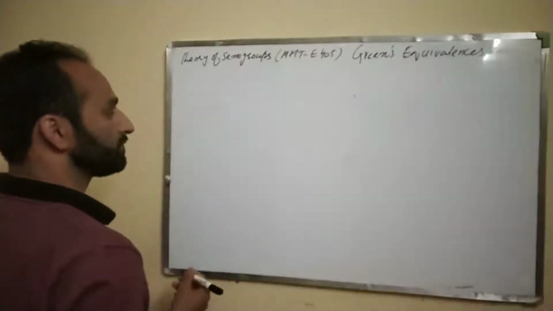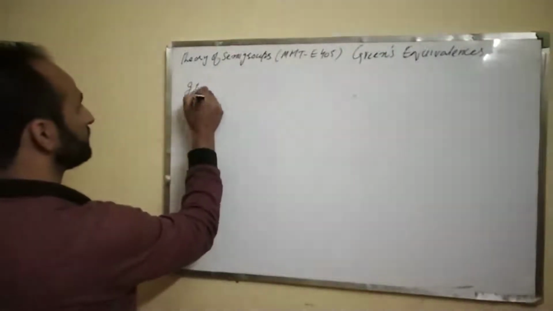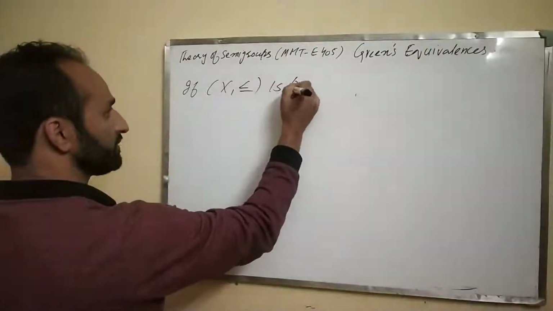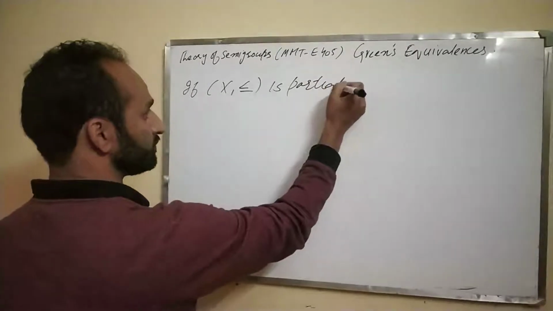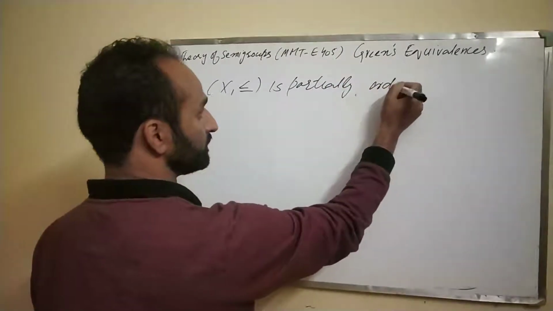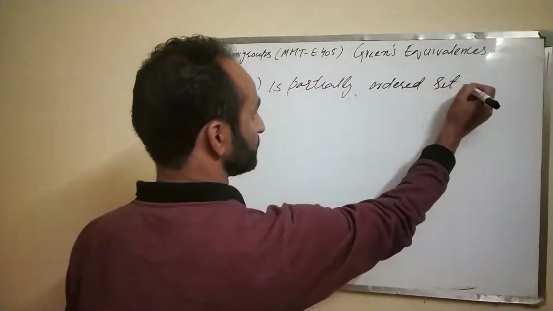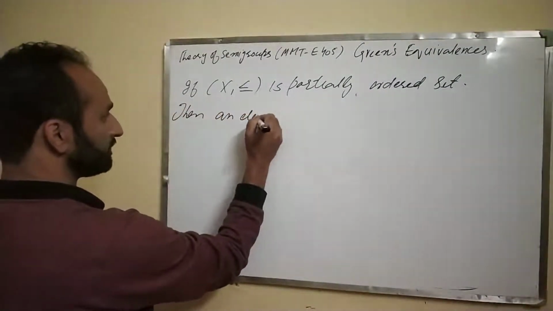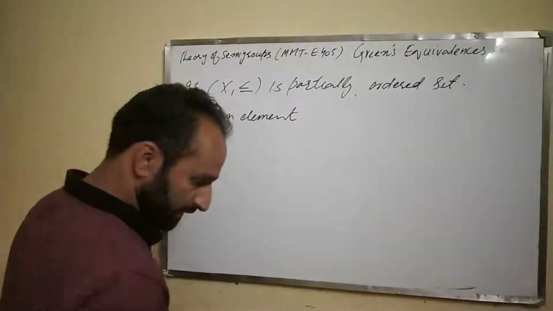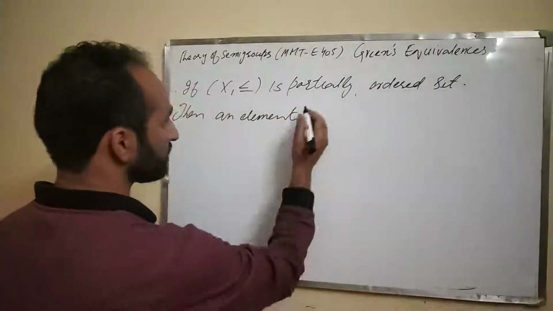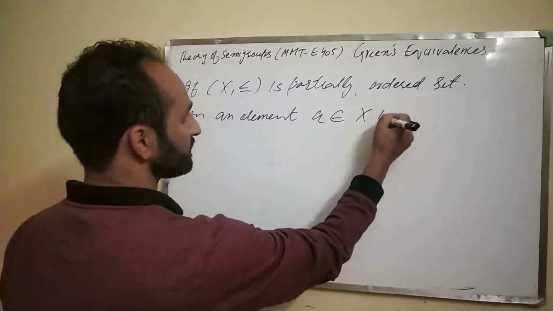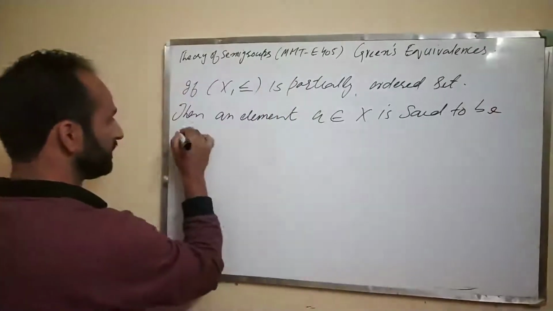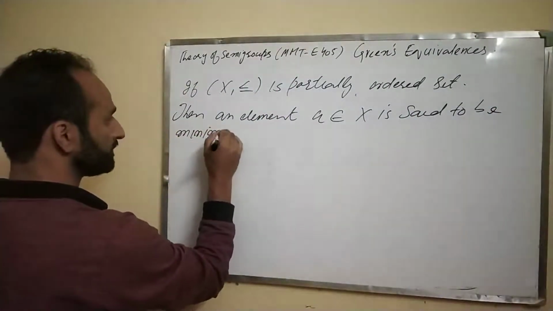If X with this partial ordering is a partially ordered set, then an element A belongs to X is said to be a minimal element.